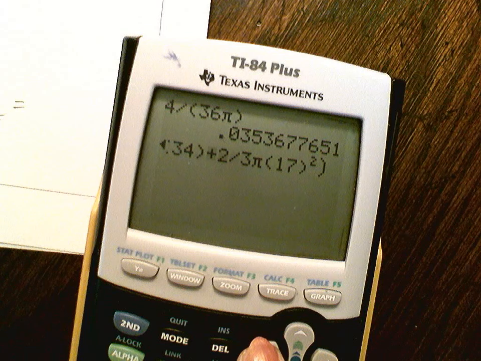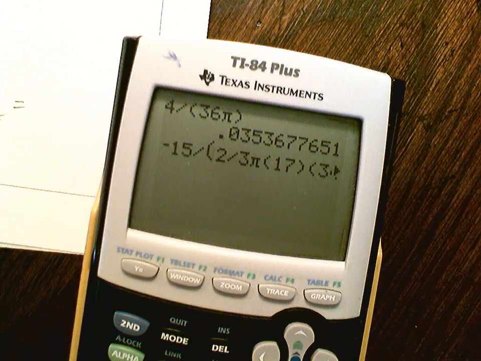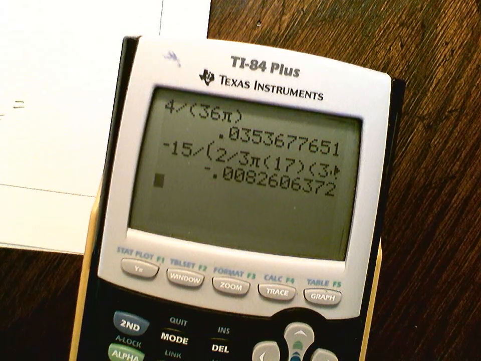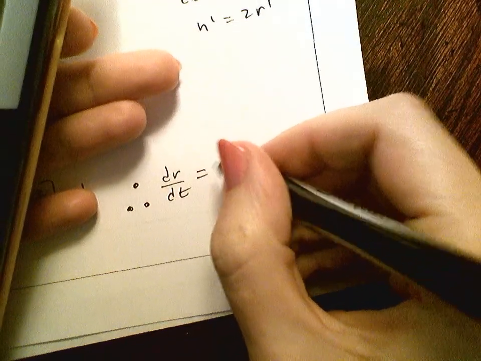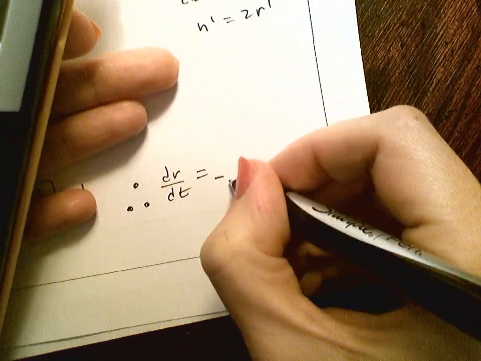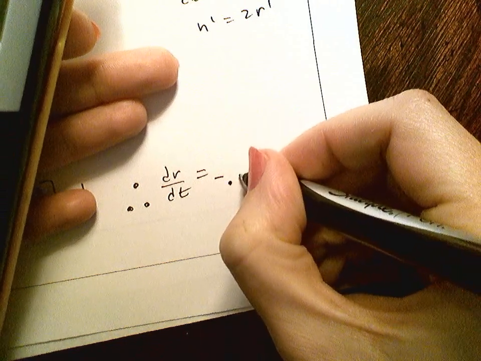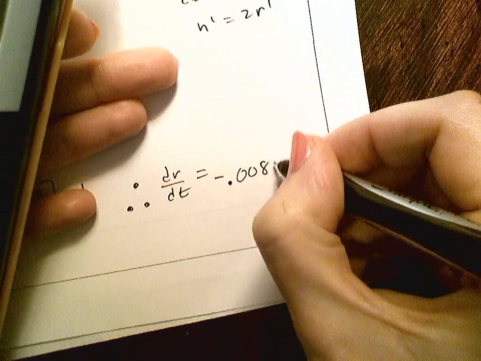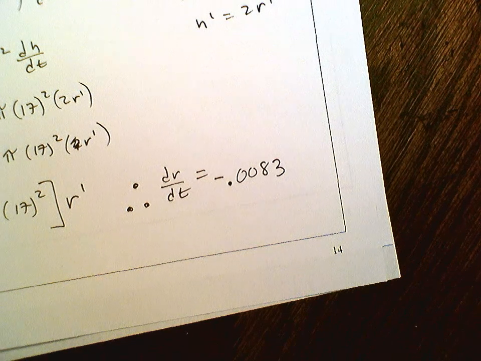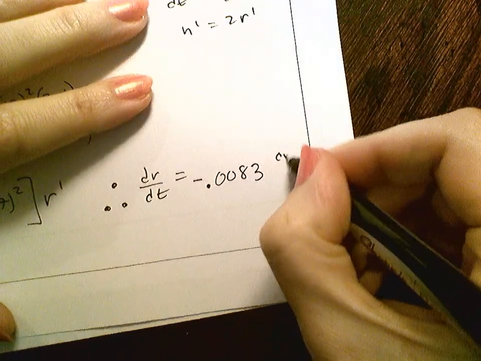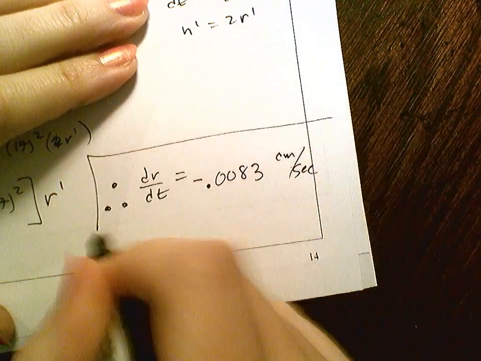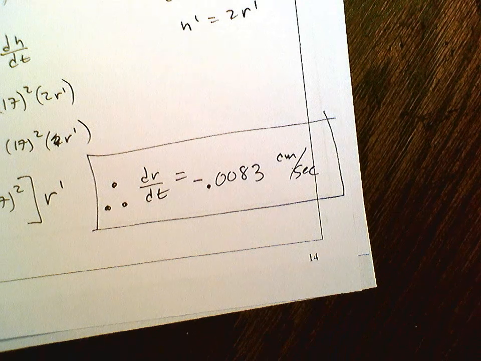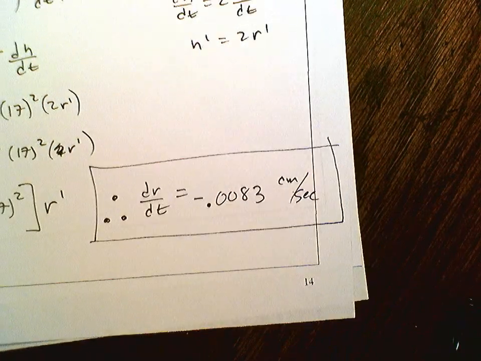Did I do 15 divided by? Yes. Okay, so you end up with this. So it's negative, which makes sense because as the water is getting lower, the radius would be decreasing. 8.3. Now, how is a radius measured? Not in cubic centimeters, but in regular centimeters. And how are we measuring time? In seconds here. So centimeters per second. Okay, guys. Bye-bye.